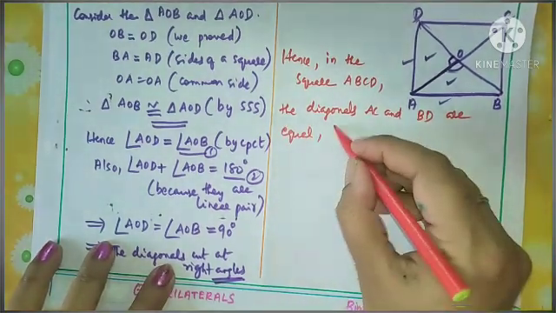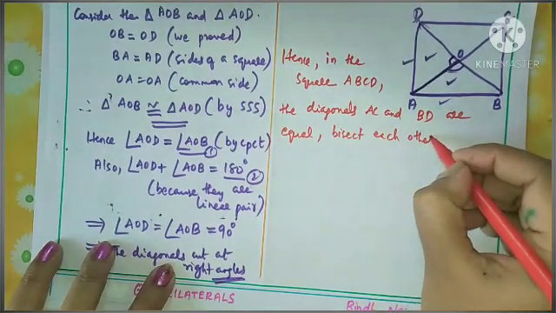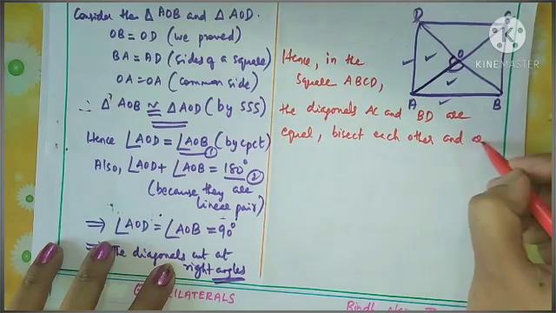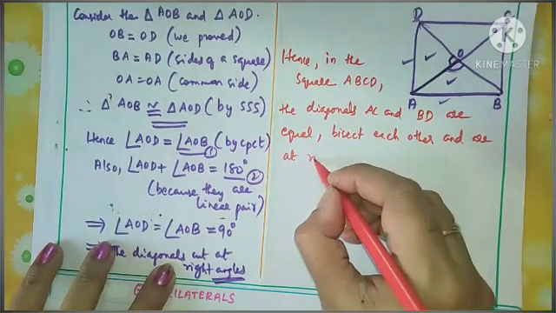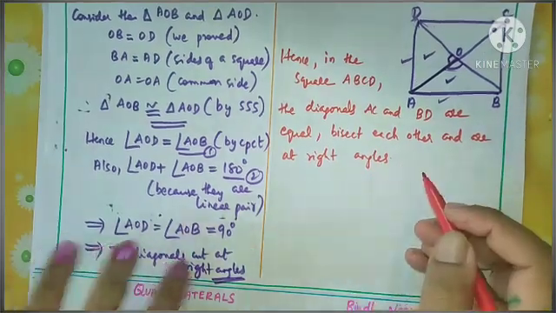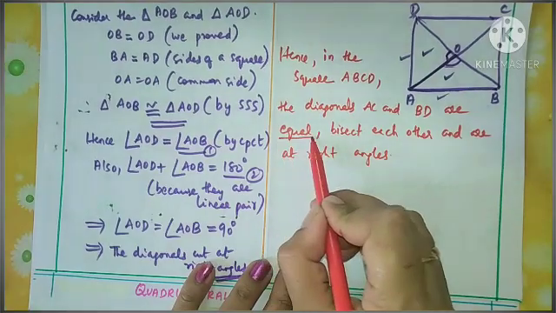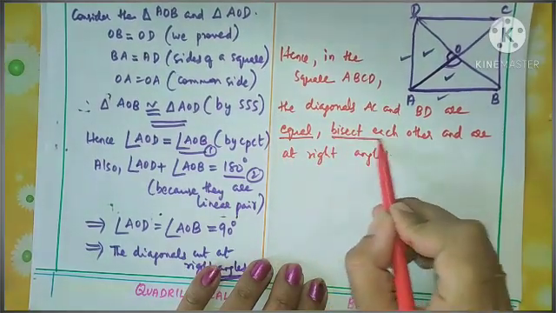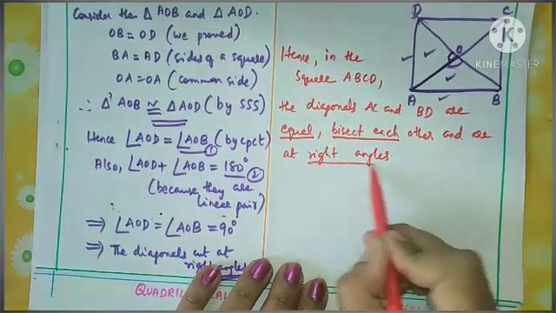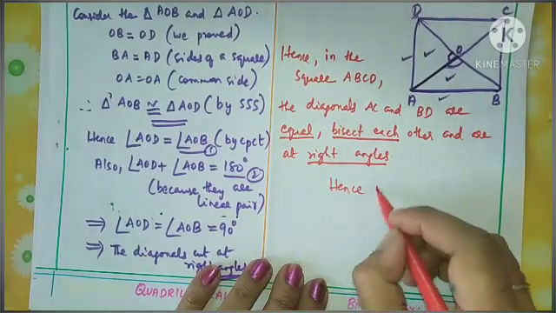We proved they bisect each other, and are at right angles. So this is a very important question. In this question we are proving the diagonals are equal, the diagonals bisect each other, and the diagonals cut at right angles. Okay, hence we proved.